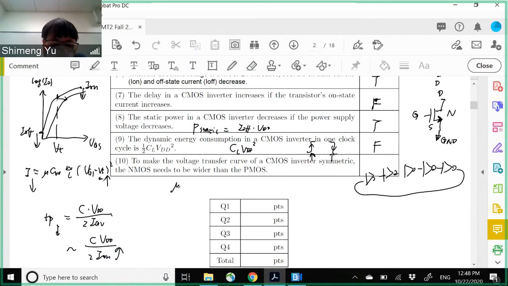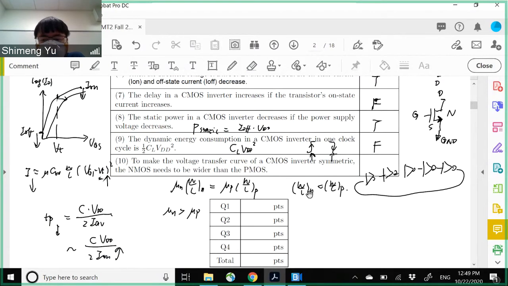So the match condition mu n W over L n should be the same as mu p W over L p. And we know mu n is larger than mu p because electrons move faster than the holes. Then the W over L n should be smaller than W over L p. So PMOS should be wider. Then this is false.